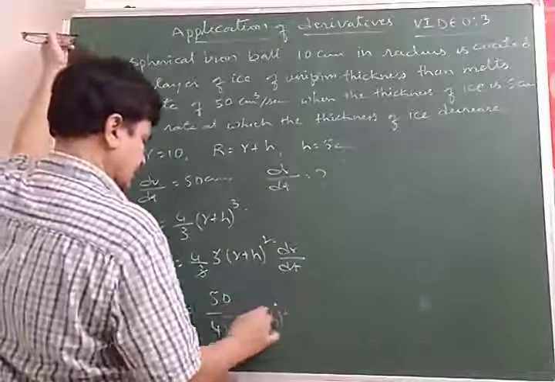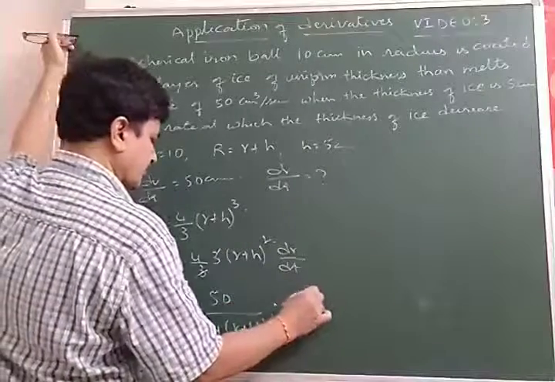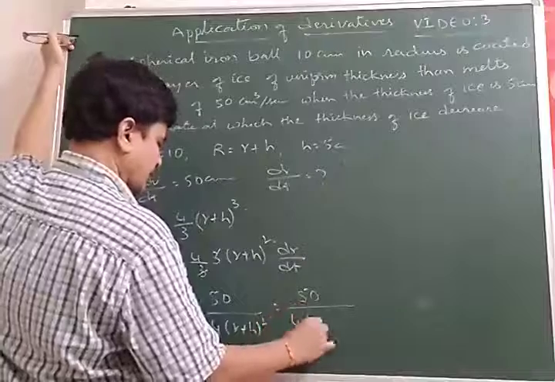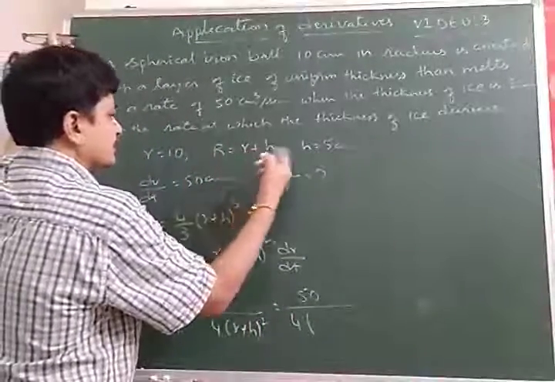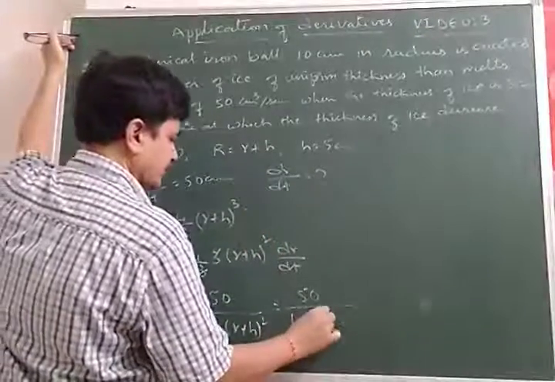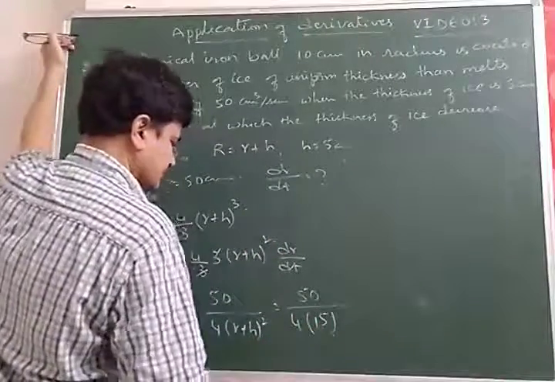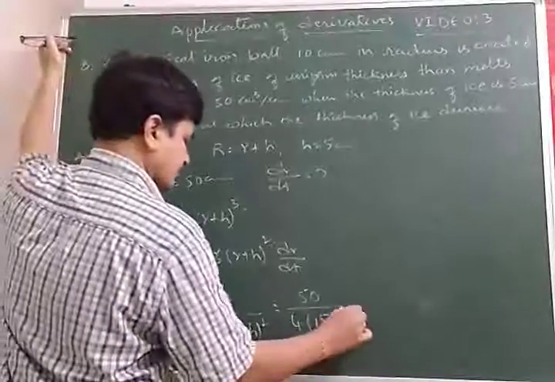So that is equal to 50 by 4 pi into (10 plus 5, 15) whole square.